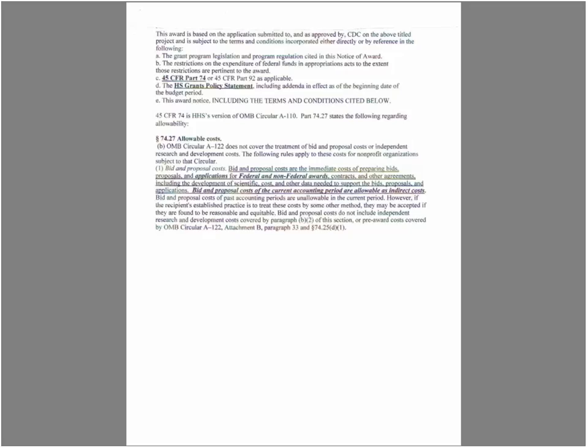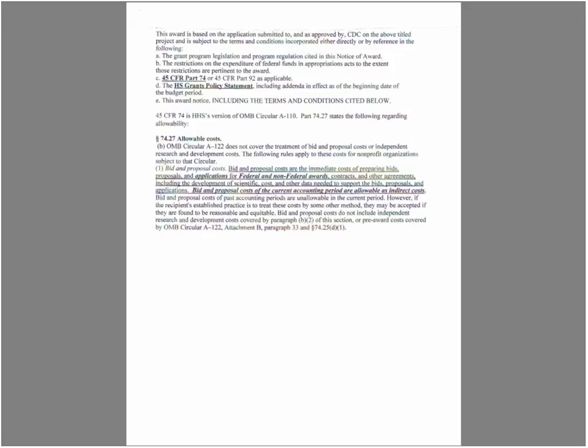Okay? So you're going to tell the Division of Cost Allocation, look, I think bid and proposal is allowable. And they're going to say, no, it's not. And then what I did was I showed them, well, but I have to comply with 45 CFR Part 74. That's my A110. They say, oh, that's interesting. Now, when I go to A110 within HHS's version, there is something called 74.27. And 27 is allowable costs. And it says that A122 doesn't deal with bid and proposal or independent research and development.